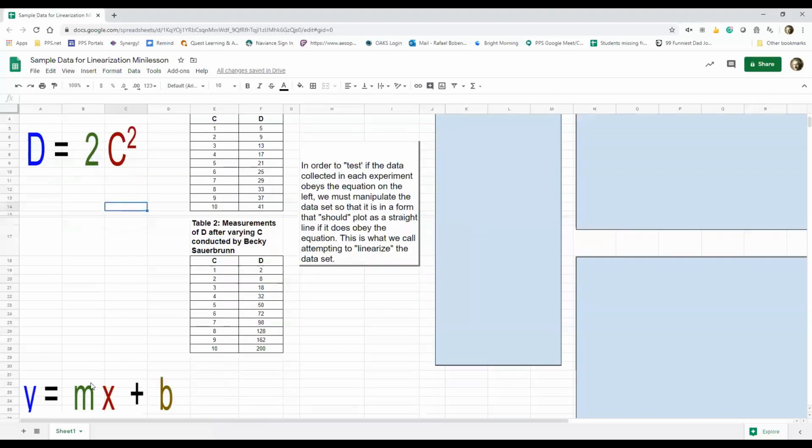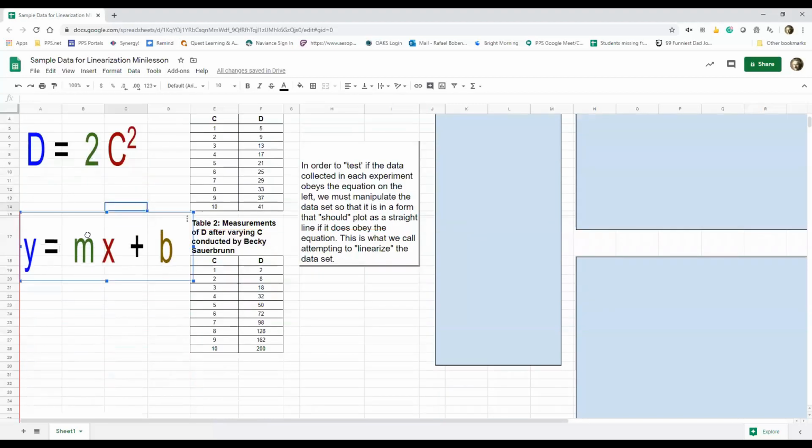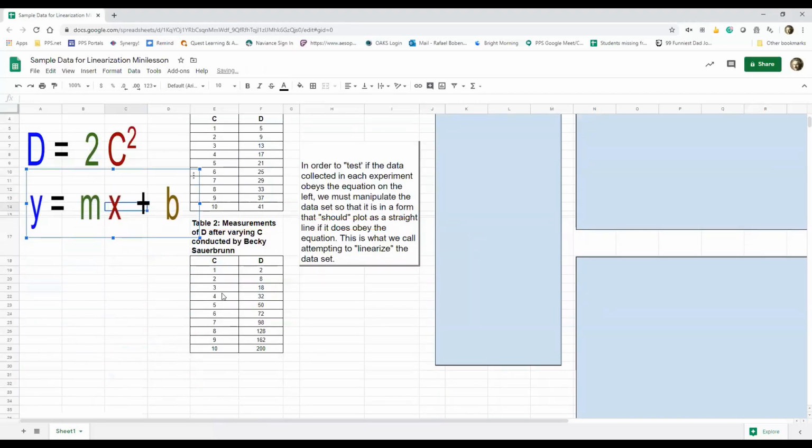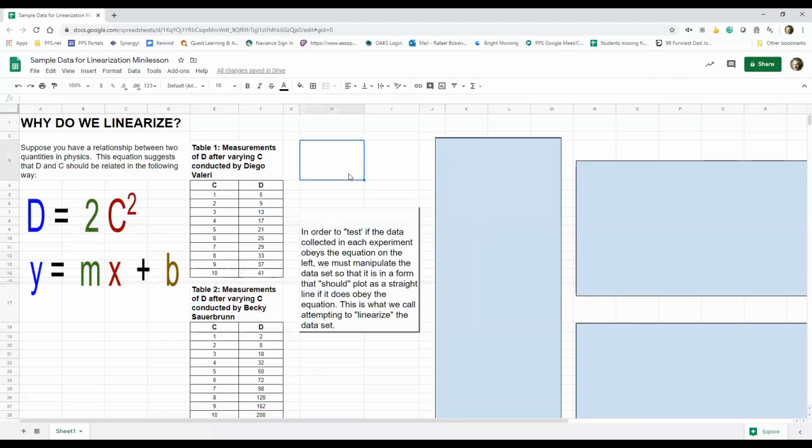Okay, so let's make sure we understand a little bit further, and I've got this graphic here to help you maybe figure it out. And I've tried to color code this, so pay attention to the colors. So notice the equation for a line, which we all learned sometime in our math career, is, at least the slope-intercept form, y equals mx plus b. Okay, so notice how I've aligned this and color-coded it.